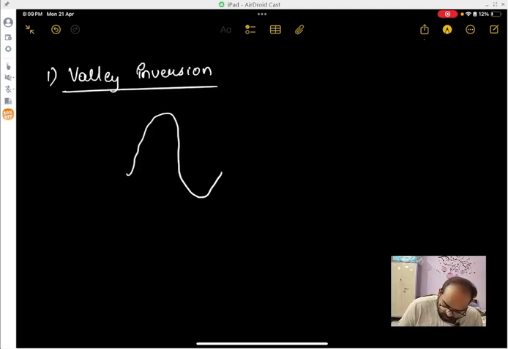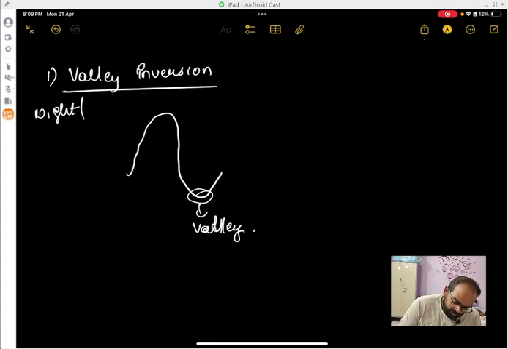This is mountain and this is valley. Okay, yeah. During nights or in winters, the upper regions are colder and lower regions are hotter.